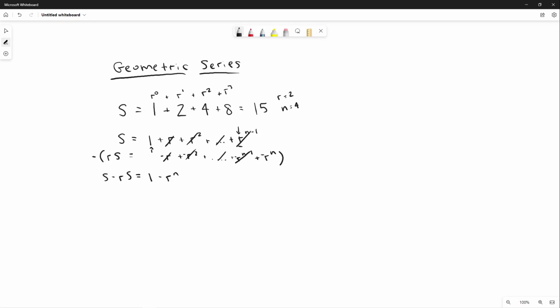Okay, so now we want to isolate S on the left side and solve for S. So we will factor out S, and this becomes S times (1 minus R) equals 1 minus R to the n, and then we'll divide by 1 minus R on both sides.